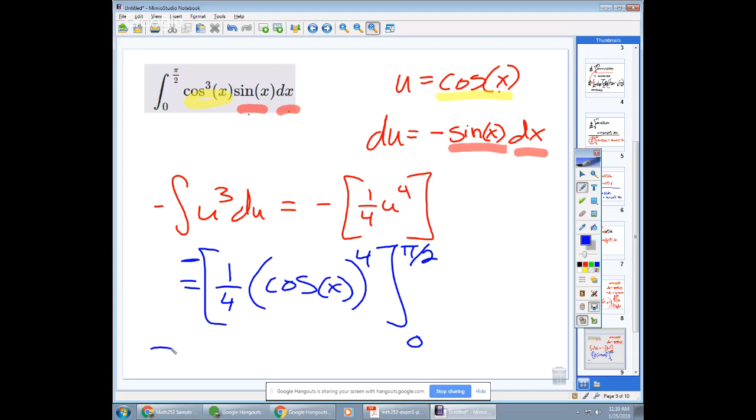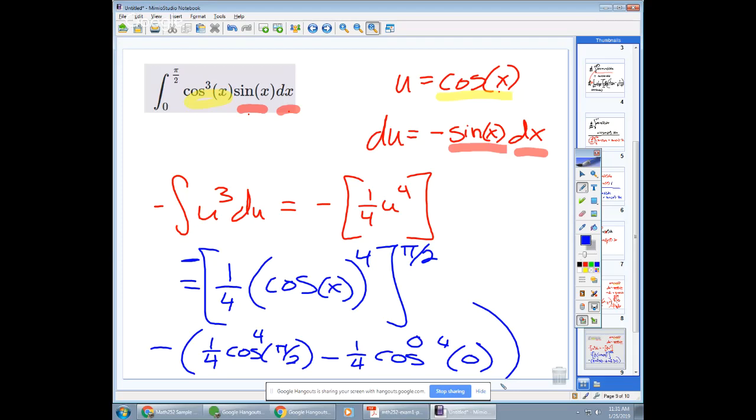So I've got the opposite of 1/4 of the cosine of pi over 2 to the 4th minus 1/4 the cosine to the 4th of 0.